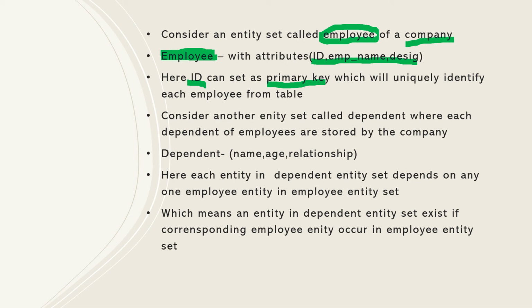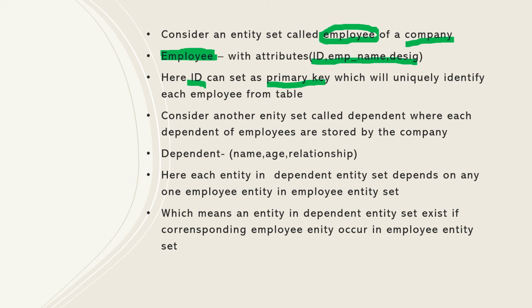Then suppose that the company is interested in storing the dependents of each and every employee in the company. Suppose we take a particular person, let it be any name, Amar.